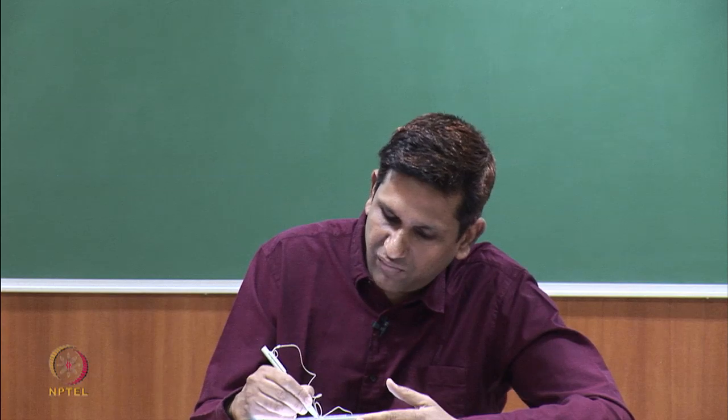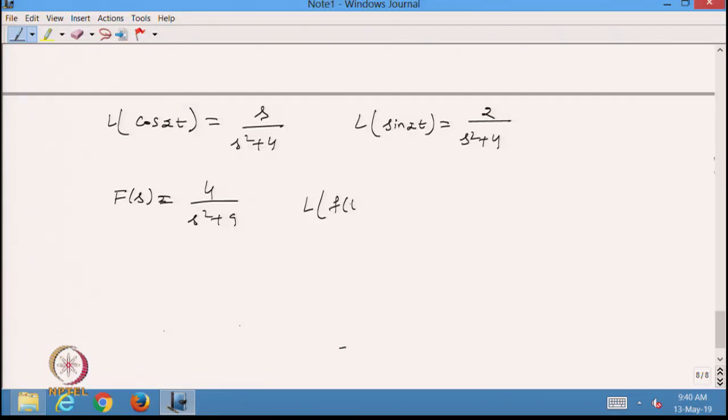So, basically I want to find this function f(t) such that its Laplace is equal to my F(s). In this case we can say that I want to define the function f(t) such that the Laplace inverse of F(s) is this one.